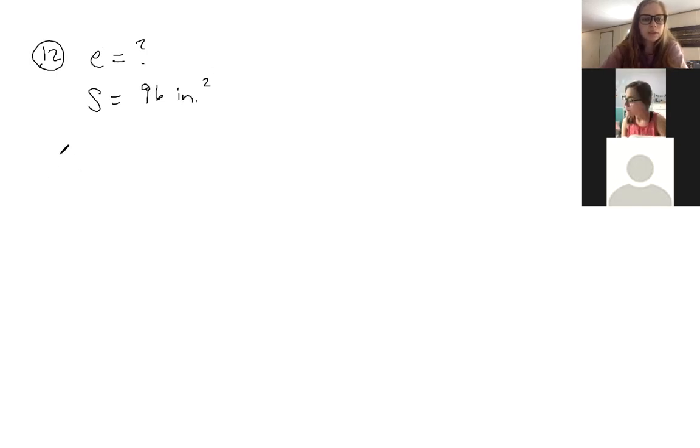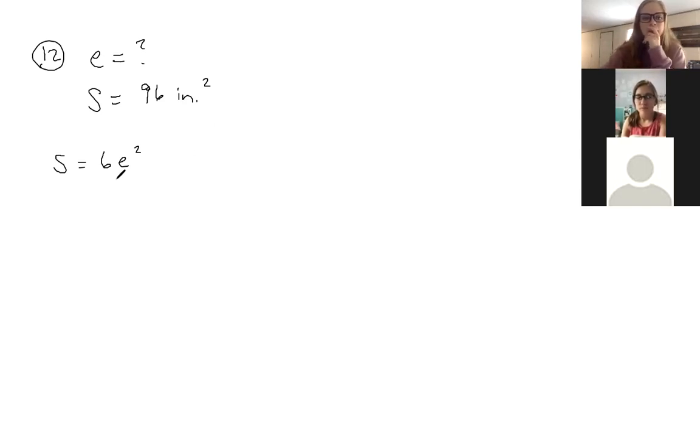So remember our formula, the surface area of a cube is 6 times E squared. We've got 6 different faces on a cube. E represents the edges, because we're talking about a 3-dimensional figure.